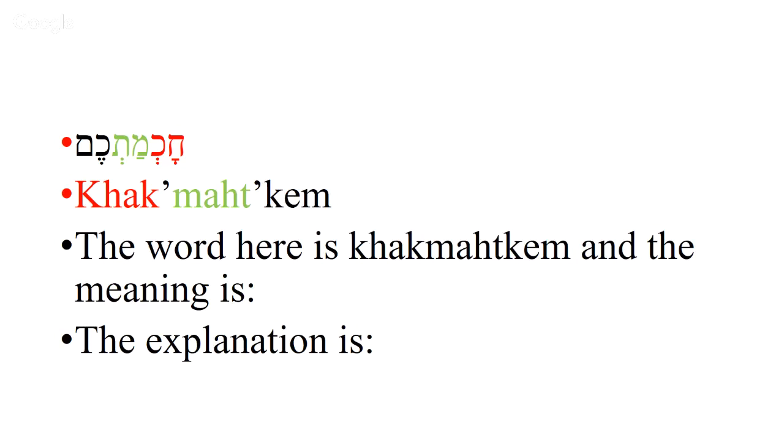Okay, now going on to the next slide. Thank you, my brother. It says the word here is hakmatkem. And this particular word here means your wisdom. Now, if you remember what we went over in lesson 9b, or for those who didn't hear it, can hear it later, you will see how the kem in this particular regard serves as a suffix showing possession.